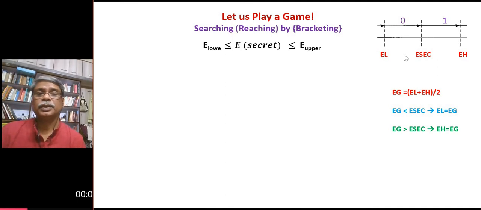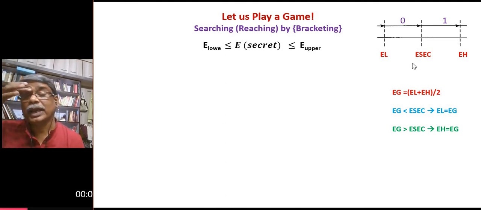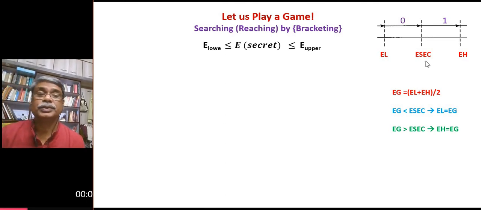If it is on the left, then EL would be redefined to that value, or if it is on the right, then EH will be redefined to that value. But in any way, I am going on decreasing the range, or in other words I am making EL and EH converge or merge to each other. They are gradually switching over to a point, and that point must be EACC, though I do not know to start with what that value is.